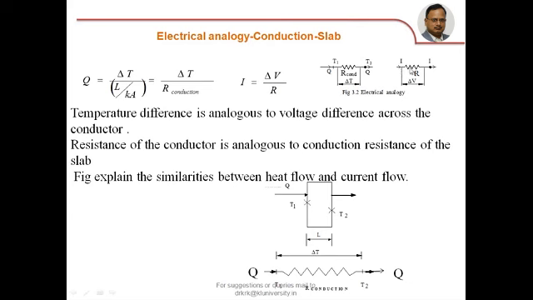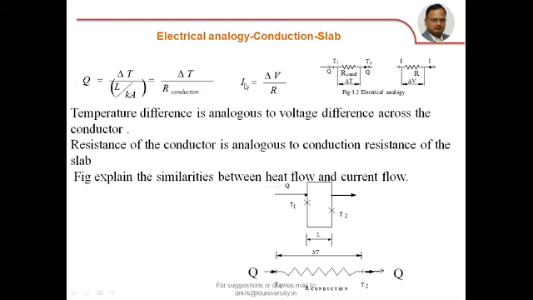The driving force for the current is voltage difference, and the driving force for the heat is temperature difference. Therefore, this delta V is similar to delta T, and the current I is similar to heat transfer rate Q.